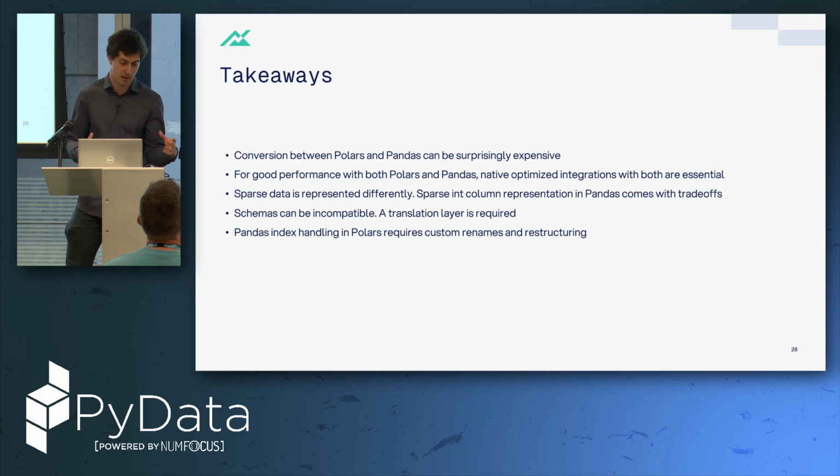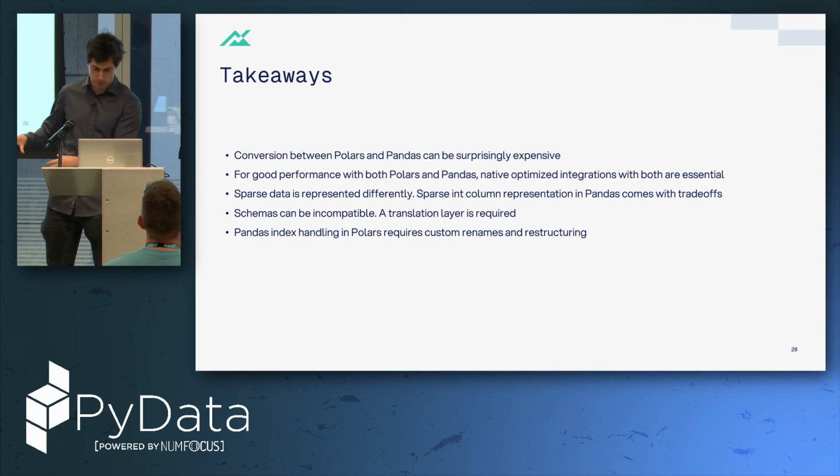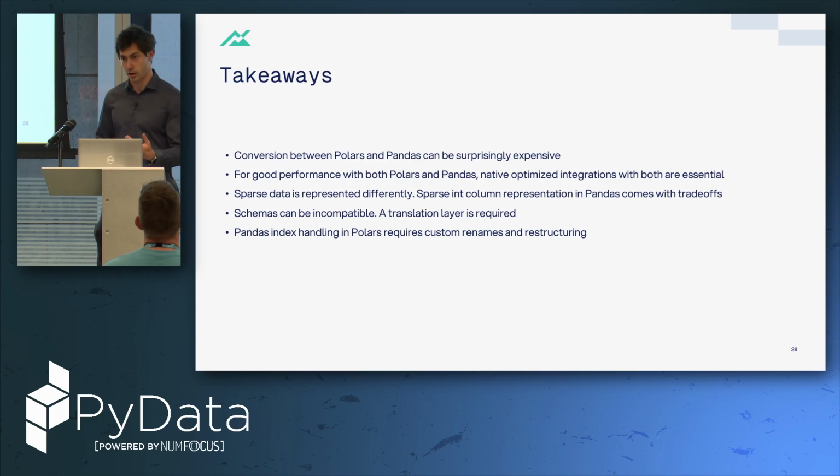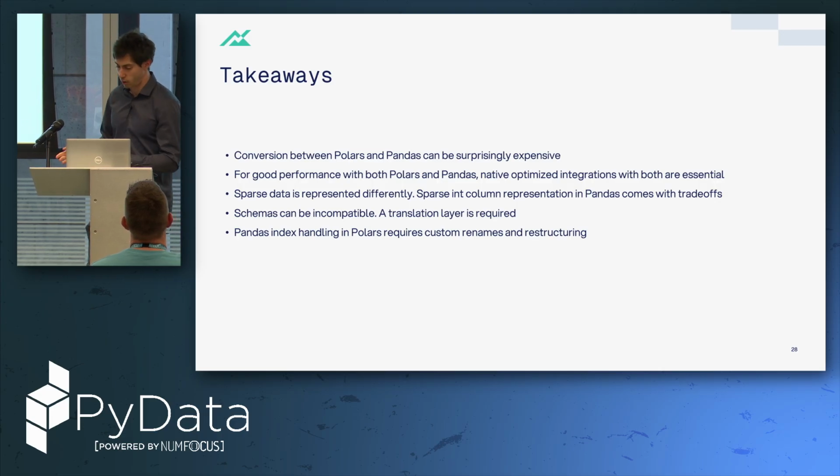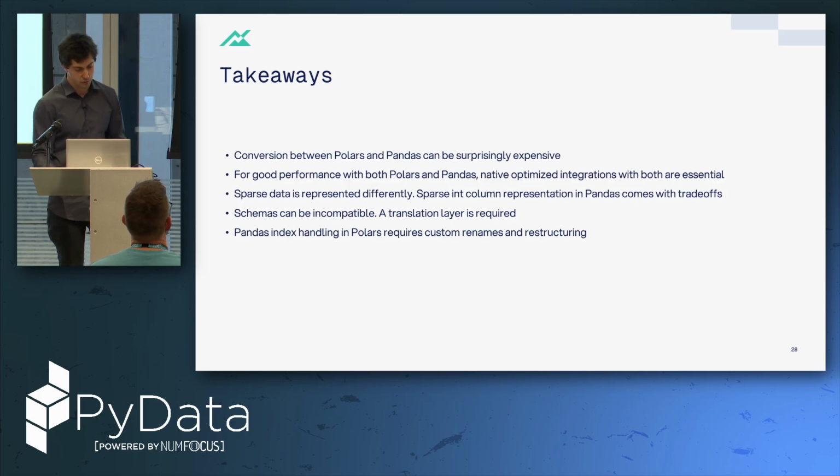For a database like ArcticDB, it needs to have a way to decode the storage directly into either pandas format or polars format, and it has to do that efficiently. Sparse data is represented differently. There are especially some trade-offs in how we should represent missing int columns with pandas. No ideal solutions there, all come with trade-offs.